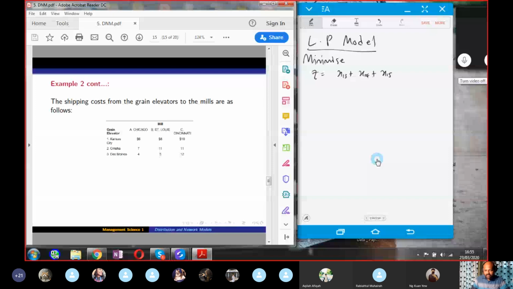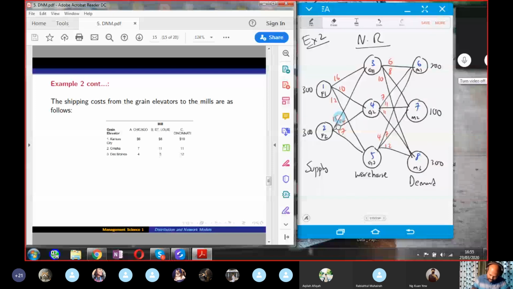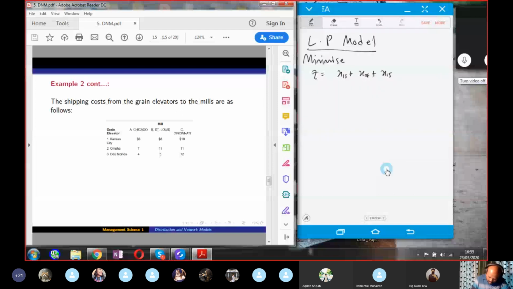Now we deal with the second circle, X23, X24, X25. Write the cost.